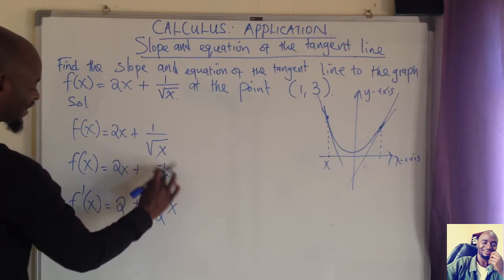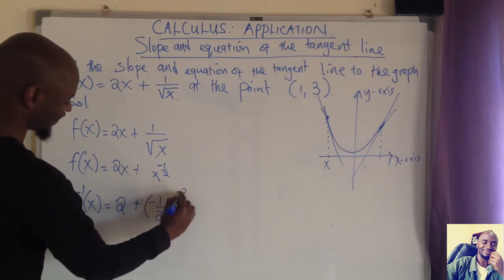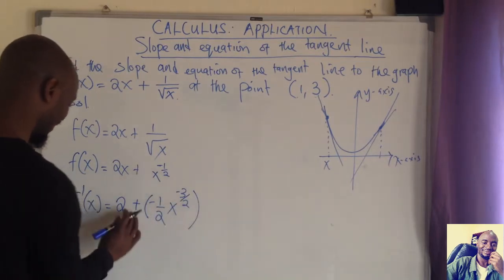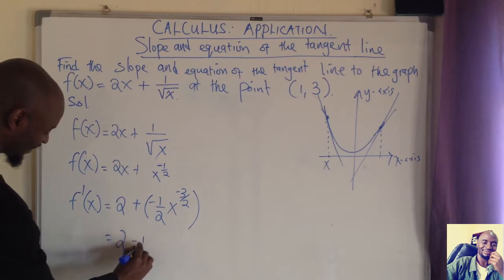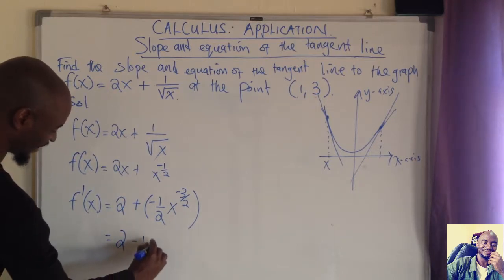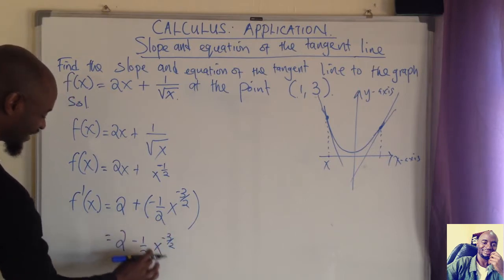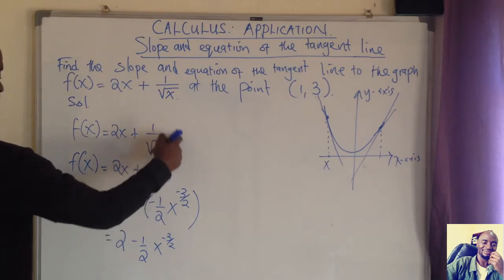If I reduce this by 1, I'm going to end up having this. Now I can simplify. This will be equal to 2 minus 1 over 2, then x to the power minus 3 over 2. Again, I can take this one down so that I have something that looks like this.